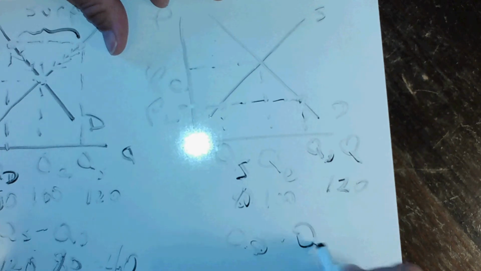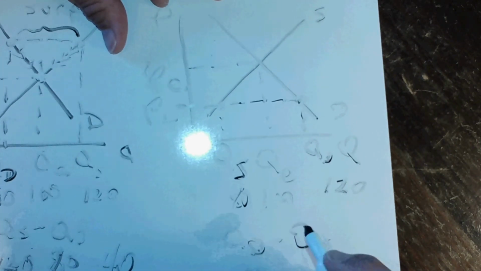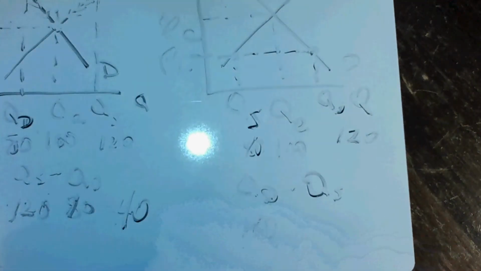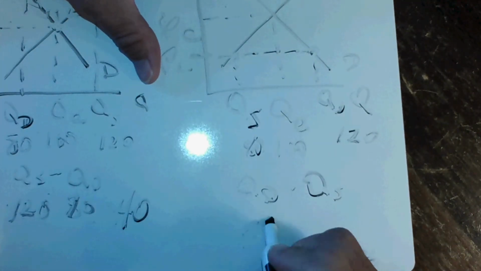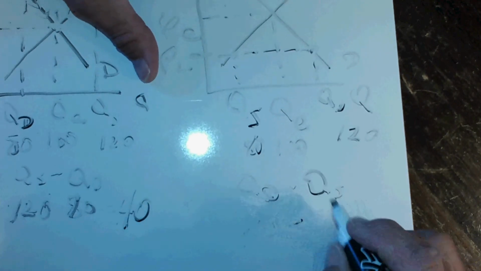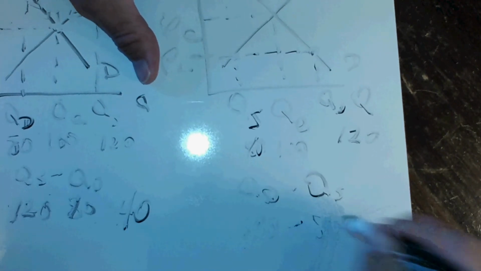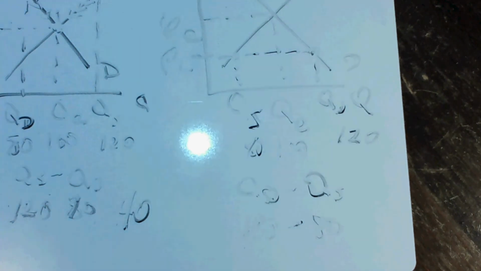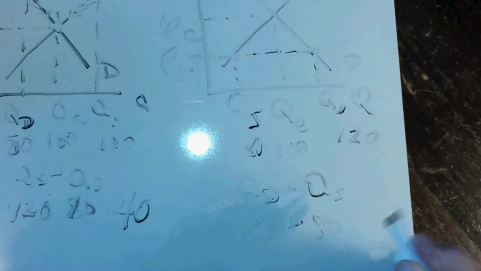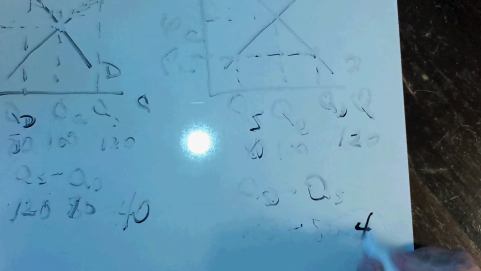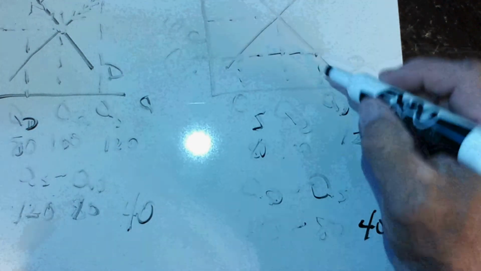We subtract the quantity supplied from the quantity demanded. 120 quantity demanded minus our quantity supplied of 80, and that will give us a shortage of 40. There won't be enough to go around.